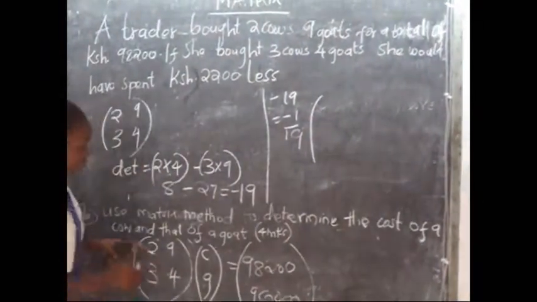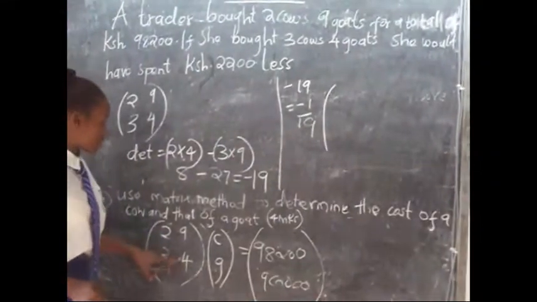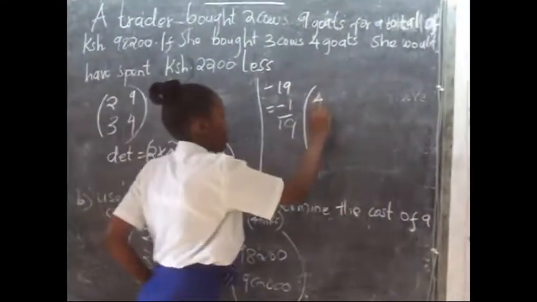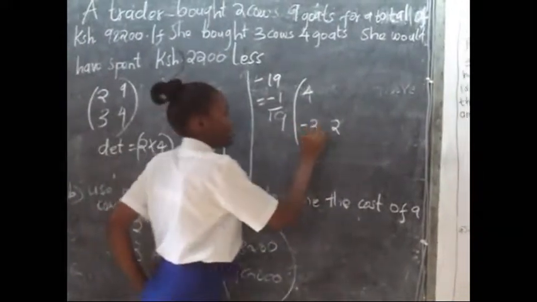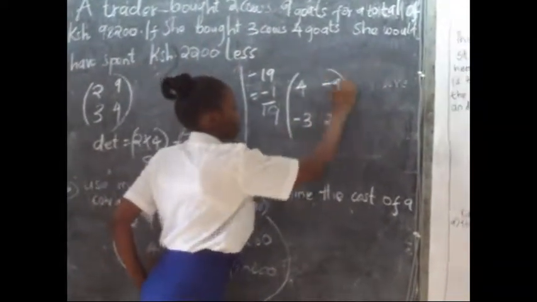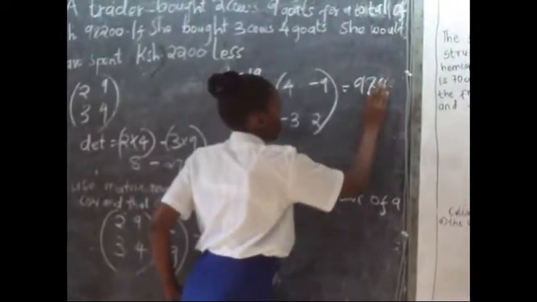So our equation will be: the diagonals, we are going to interchange the numbers in the diagonals, whereby 4 is going to be here and 2 will be here. Then this will be negative 3 and this negative 9. Is equal to the amount the trader used.